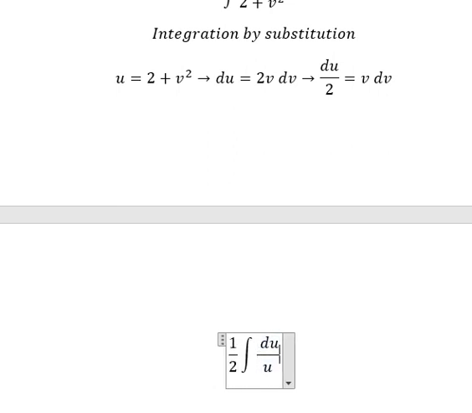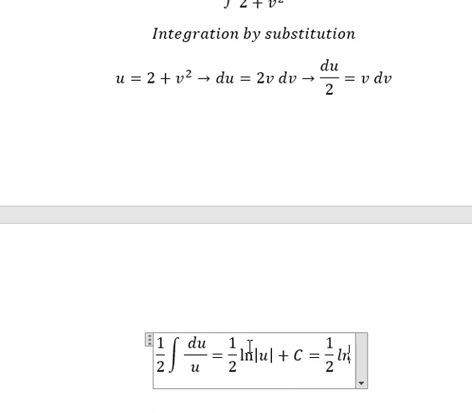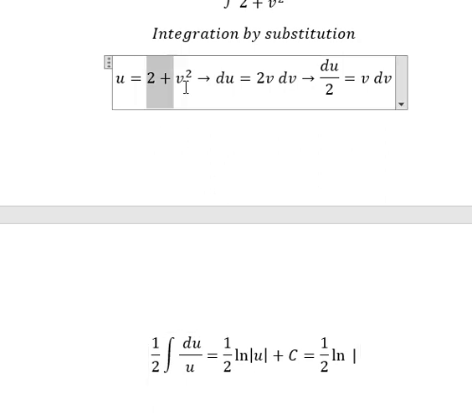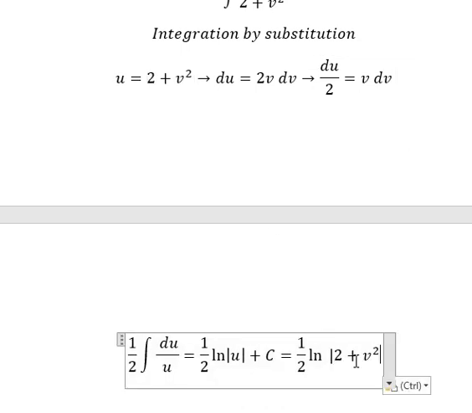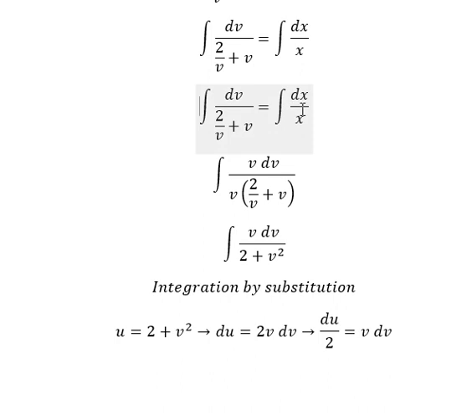The integration of this one, we have Ln of the absolute value of u. And I will put c. About u, that is this one. Now we need to go back in here.